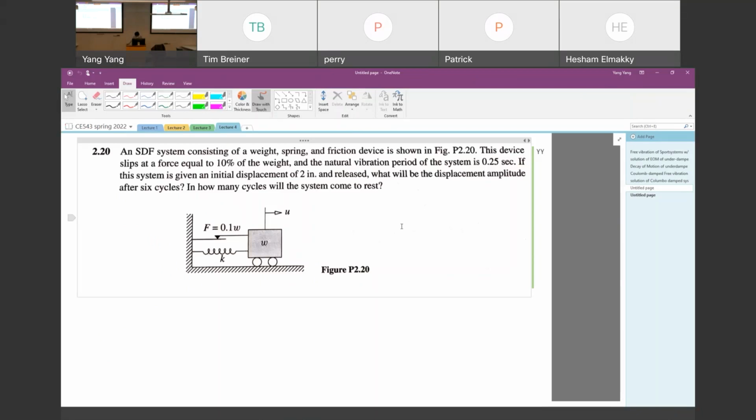The natural vibration period of the system is 0.25 seconds. If this system is given an initial displacement of 2 inches and then released, what will be the displacement amplitude after 6 cycles? And in how many cycles will the system come to rest?